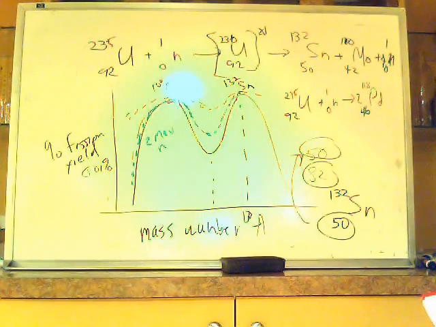Then for uranium-238, it's the same order of magnitude as it was for thorium-232, very, very tiny again, 3 times 10 to the minus 6 again. And then for plutonium, it's quite a bit higher again.